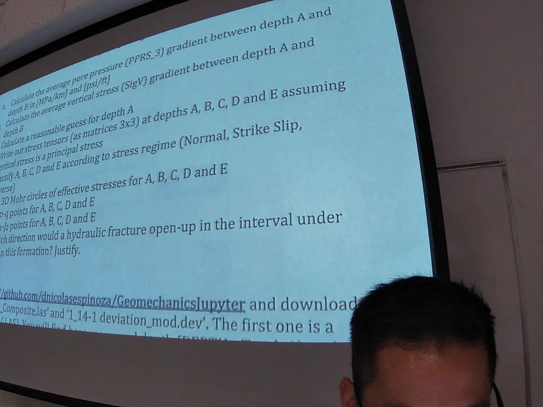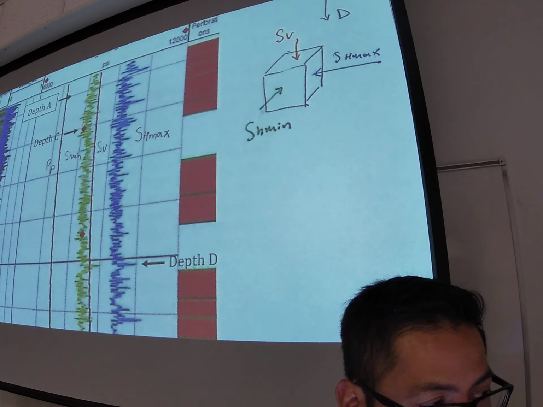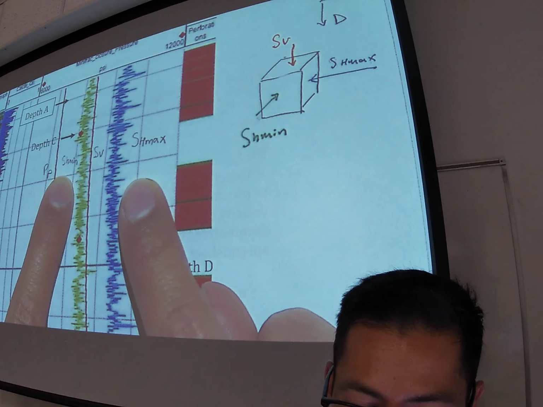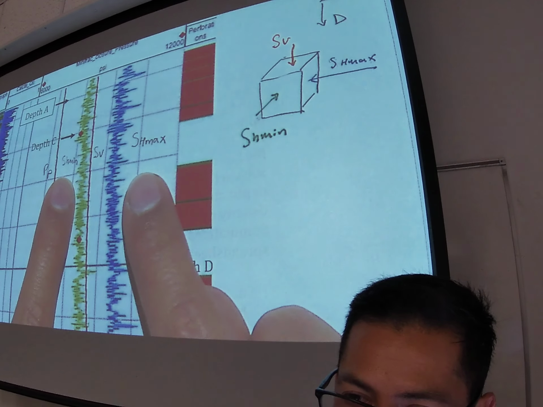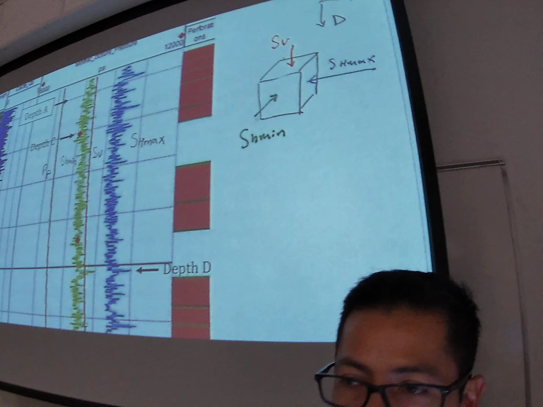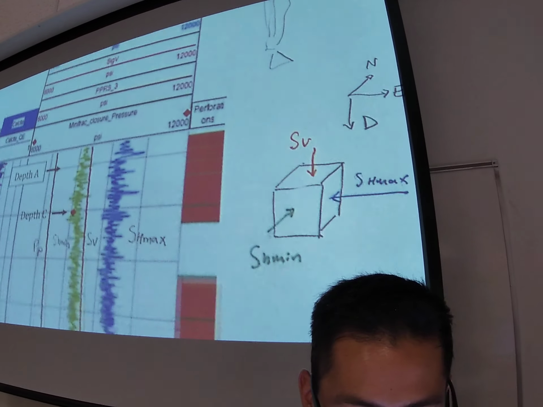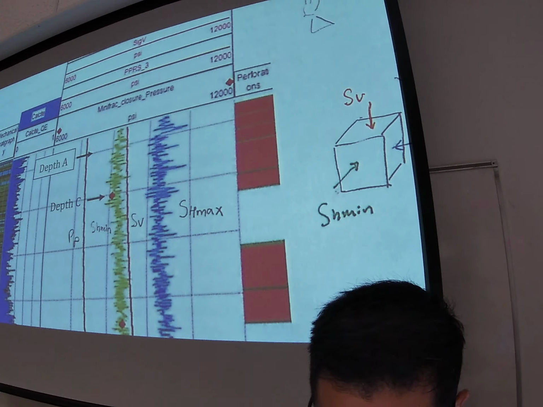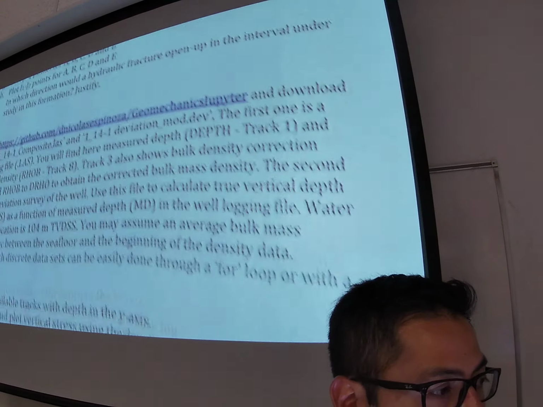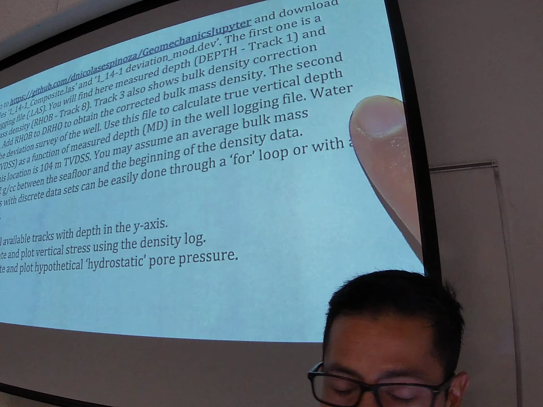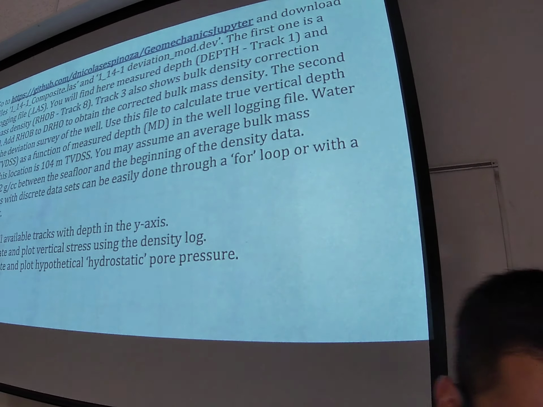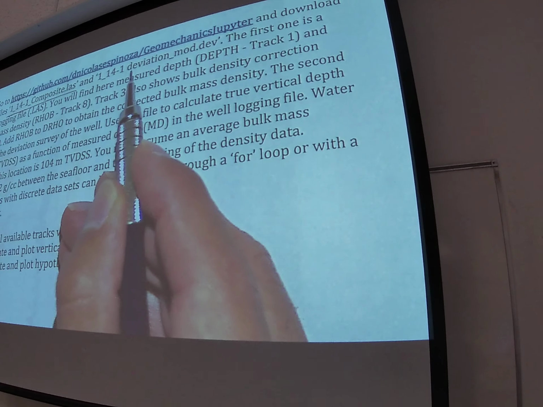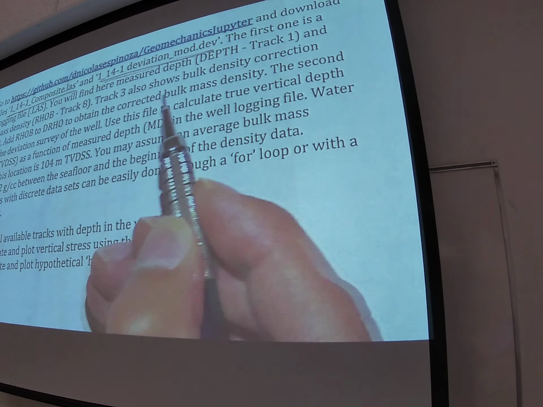And although we do not have the tools yet to calculate the horizontal stresses, we do have the tools to calculate vertical stress. That's an easy one. And actually it's the most reliable quantity that we can get out of the subsurface. And for that, that's going to be the second problem. I'm going to give you an LAS file and a well deviation file.